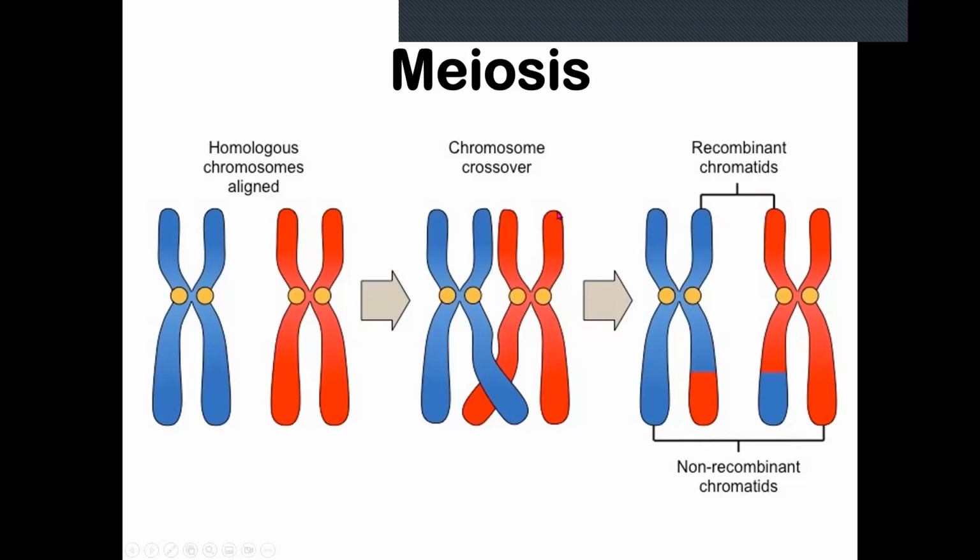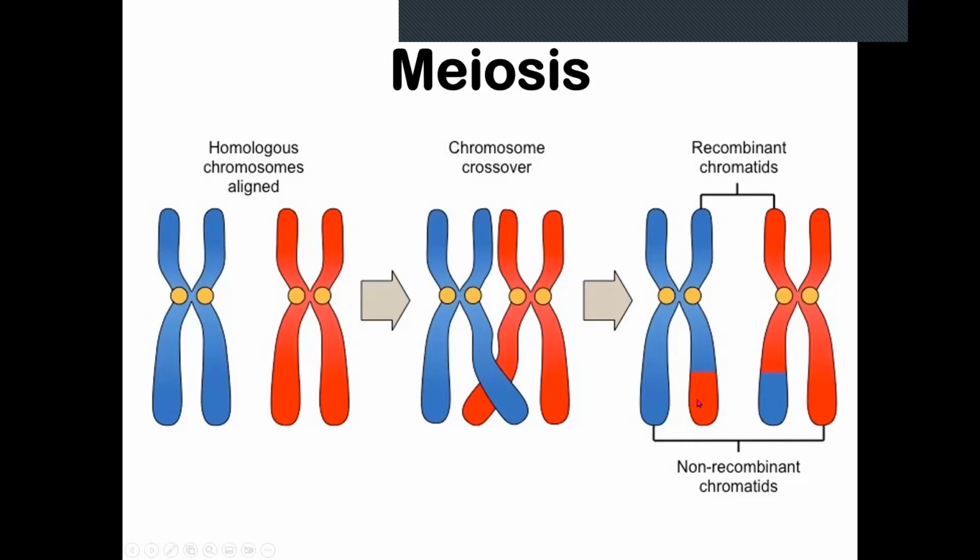Even though these are originally one chromosome which is divided into two, because they're still joined together at the centromere, they are called chromatids. Each of these is one chromatid.